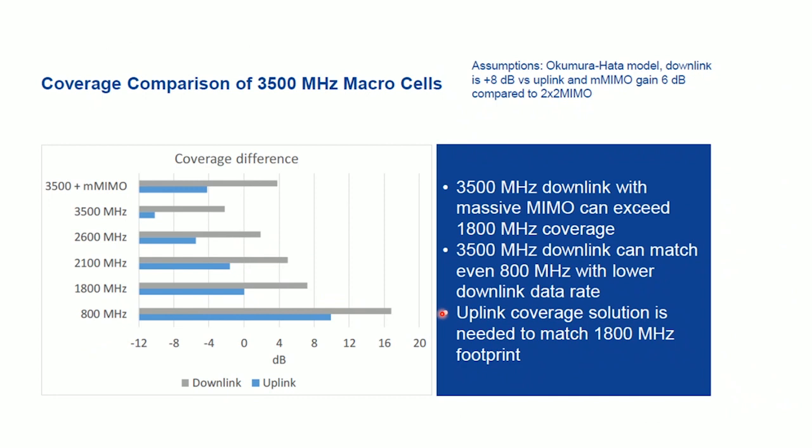But we now have OFDMA also in uplink, which means that the linearity requirements on the transmitter in the UE are much higher. That means that the efficiency in the UE transmitter is lower. And that actually means that having excessive noise in your uplink and fighting that noise with UE TX power is now much more expensive, so to say.